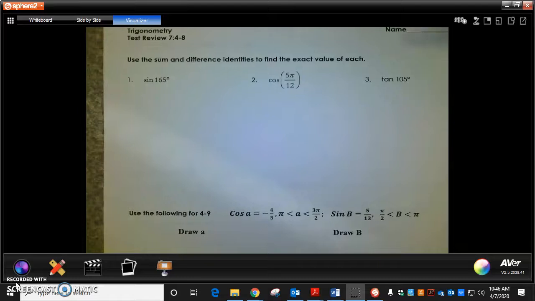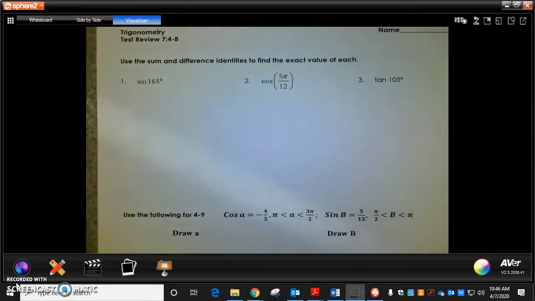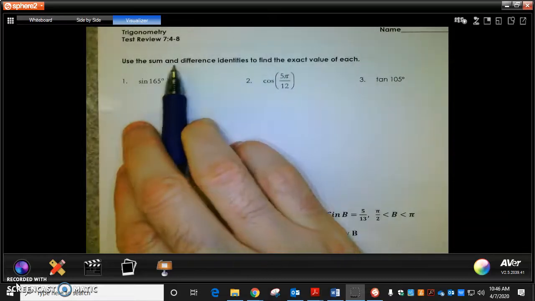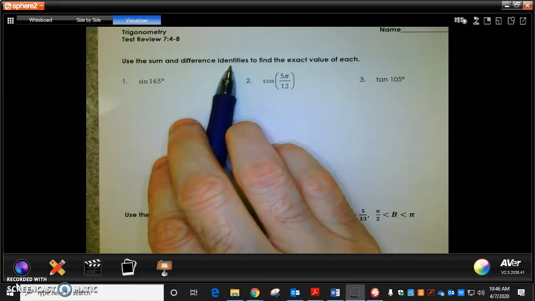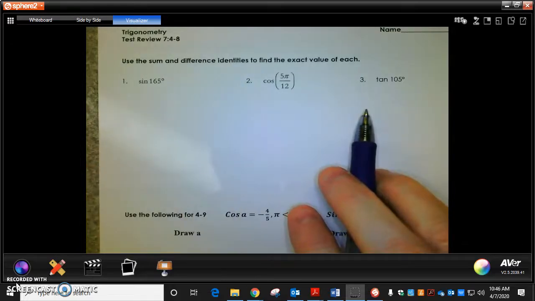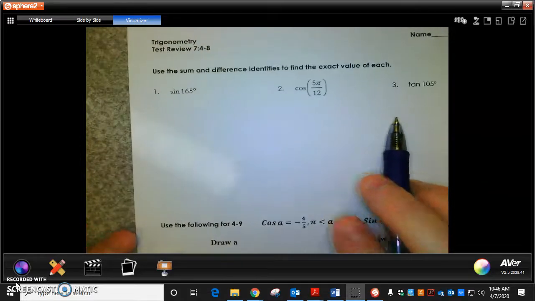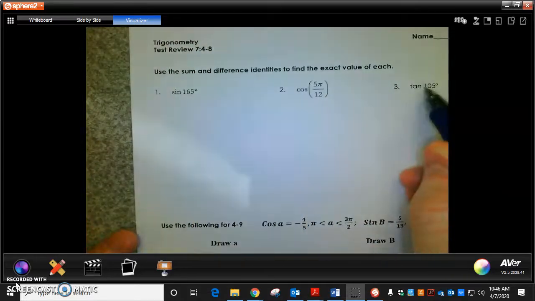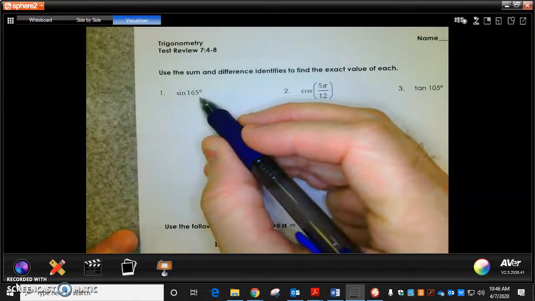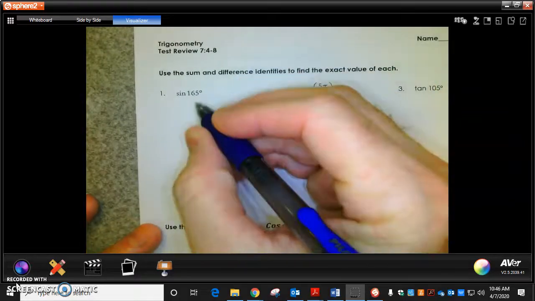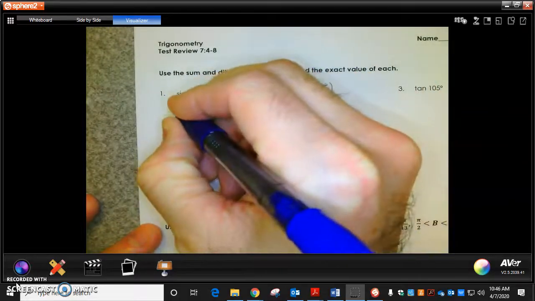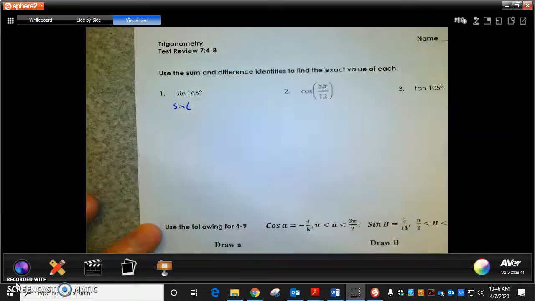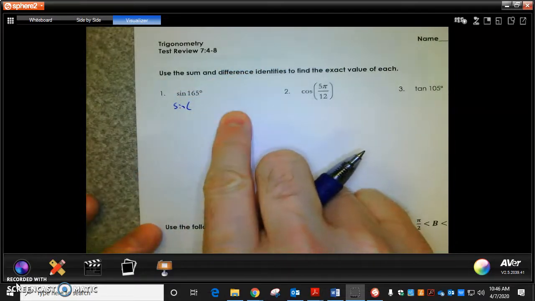All right, so for numbers 1, 2, and 3, you're going to be using the sum and difference identities to solve these. So again, what you need to do is take each of these angles and split them into two angles. So 165, I need to think of that as the sine of something plus something.